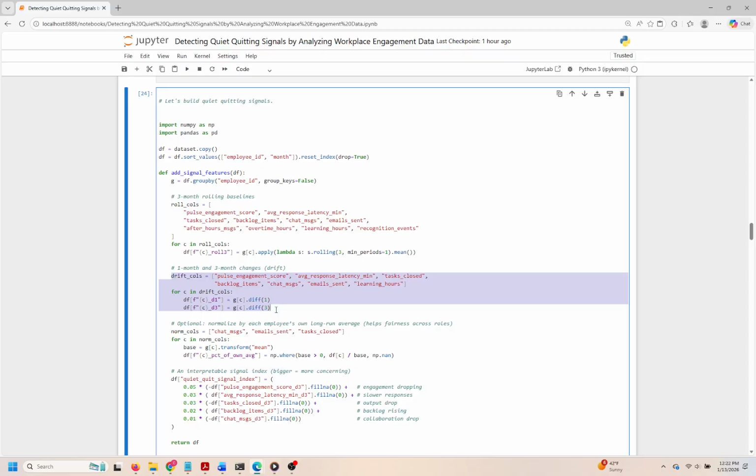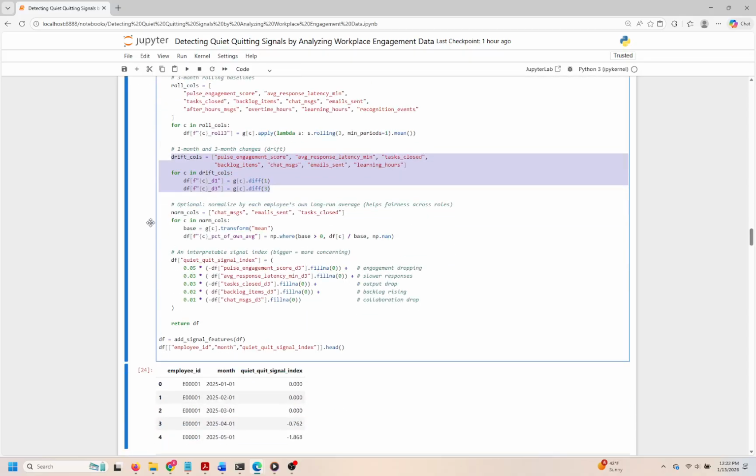To address fairness across different roles, we introduce normalization for specific metrics, allowing us to compare an employee's current performance against their historical averages. This is essential for ensuring that variation due to role differences doesn't skew our interpretation of engagement signals. Finally, we synthesize these metrics into a single index, the Quiet Quit Signal Index.